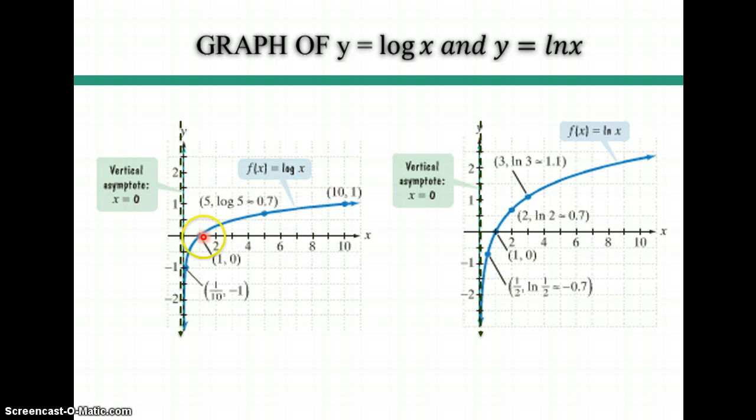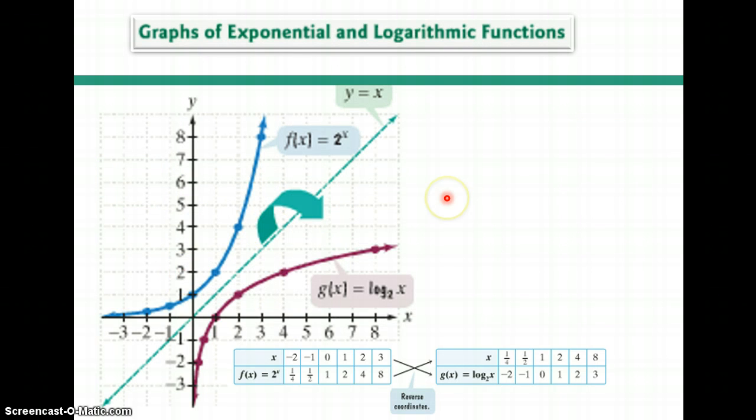For log of x, the vertical asymptote x equal to 0. This graph is the exponential graph 2 to the power x, and this is the graph for logarithmic function log base 2 of x. They are inverse function to each other.